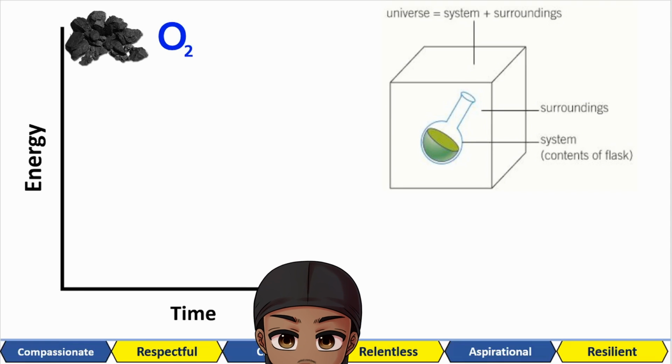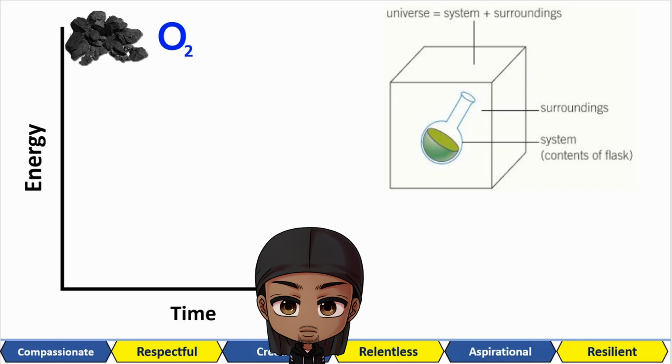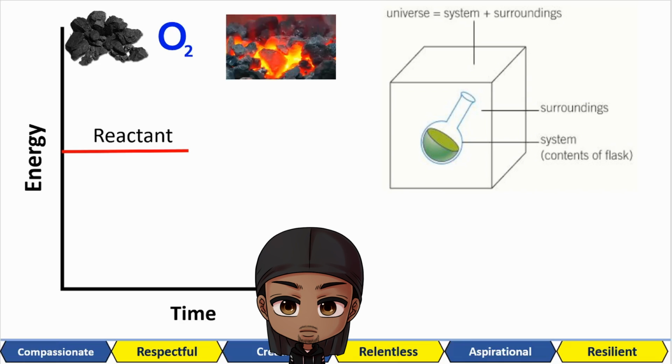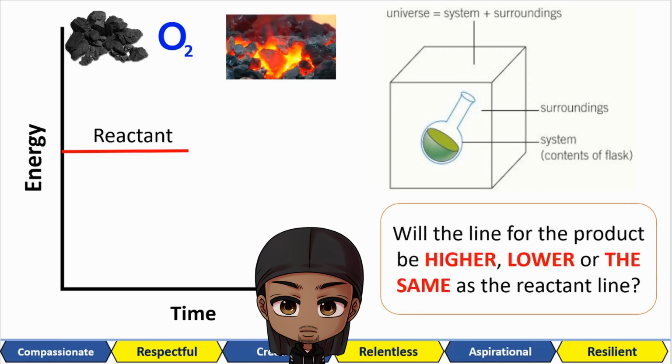Let's imagine that the coal and oxygen had this amount of energy before they reacted. Now, when they react together and the coal starts burning, where would you put the line for the product? Would it be higher, lower, or at the same level?